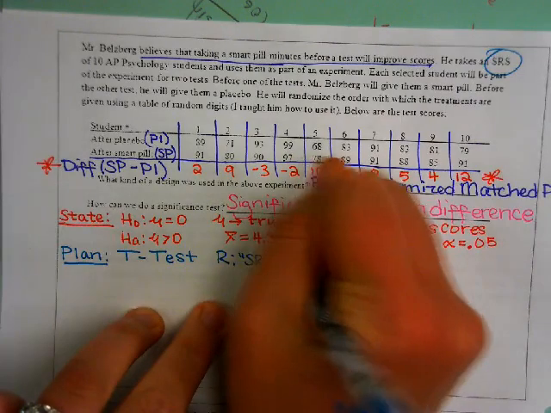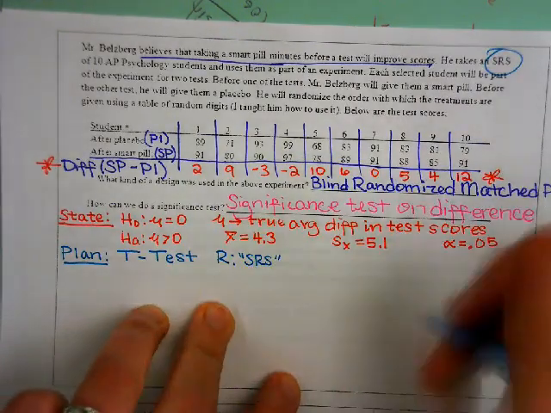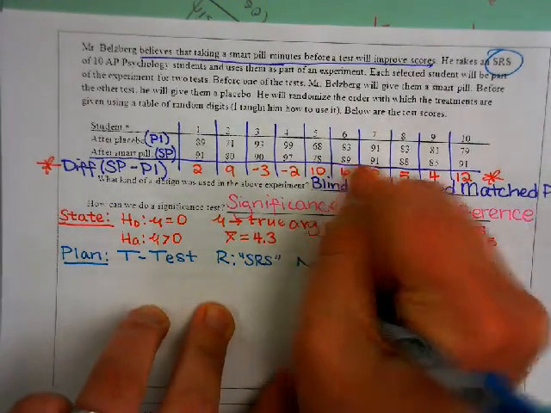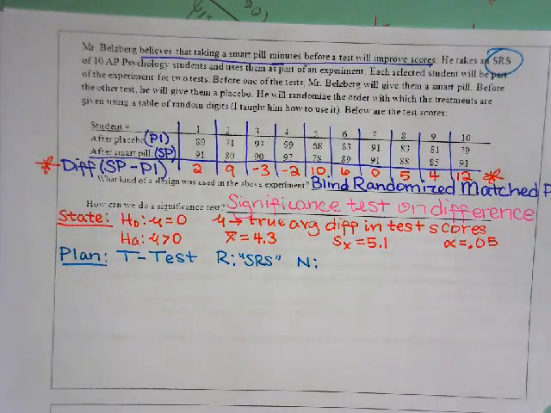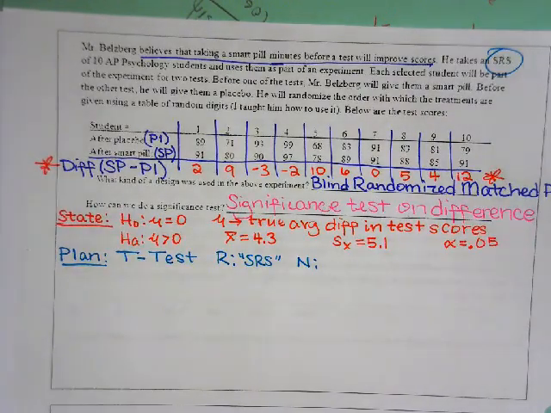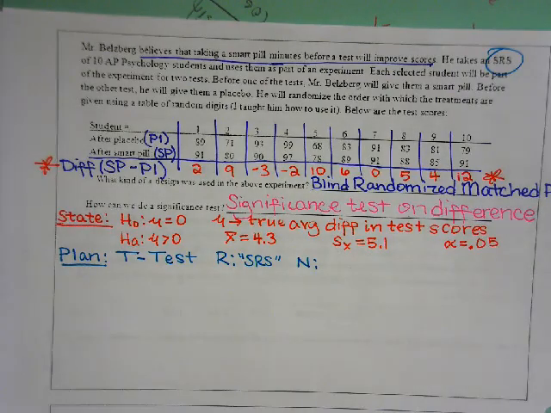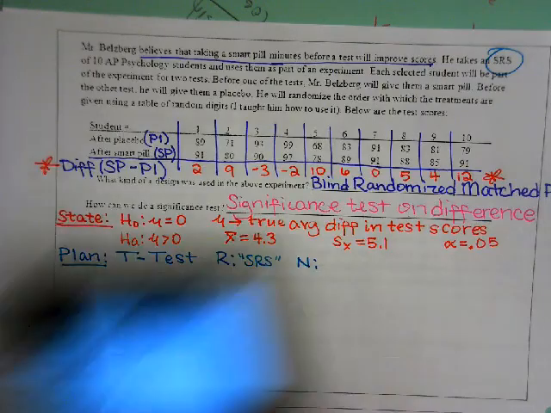Normal. Does it say that the test scores follow a normal distribution? No. Is our sample size greater than 30? No. So what do we do? Box plot of our data. So we're going to do second, y equals.